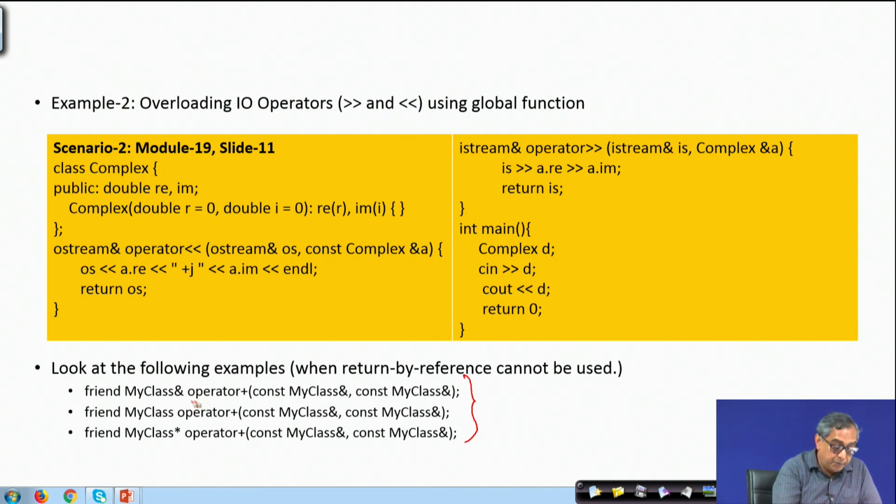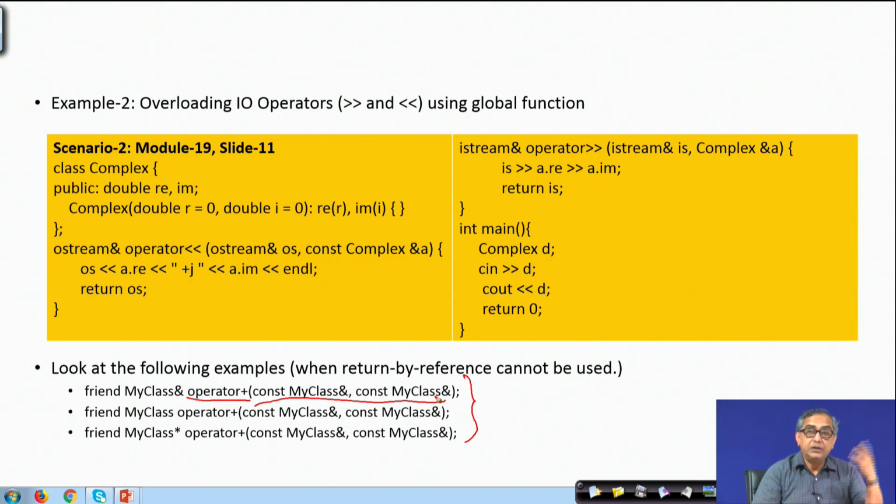For example, in terms of operator overloading itself, suppose you want to overload the operator addition plus for your class, and it is a binary operator. So, you are writing a friend function for operator plus, which takes two instances of your class, and obviously, you would want the instances not to be changed, not to be copied, all that. So, the instances will be passed to this overloaded function by constant reference.